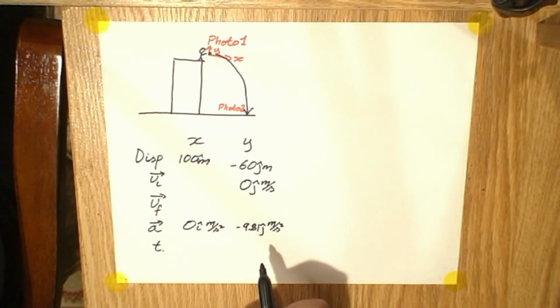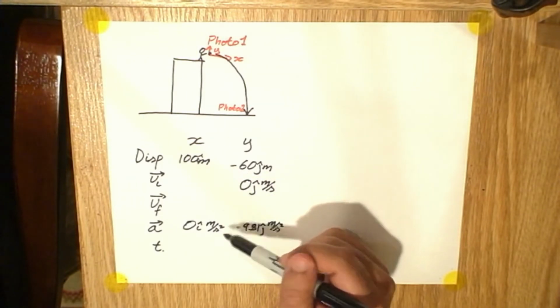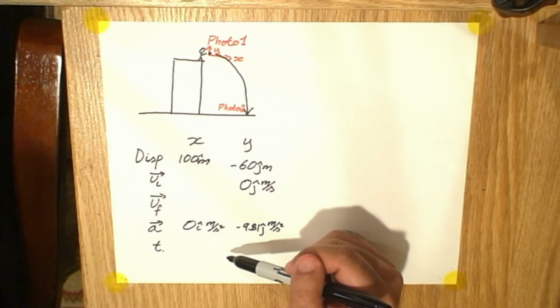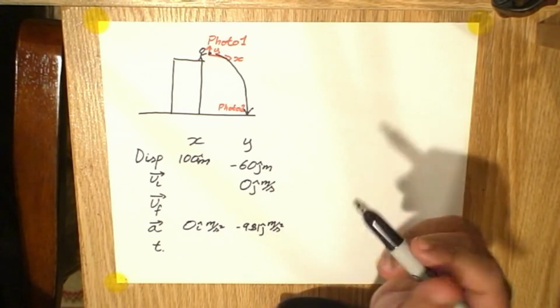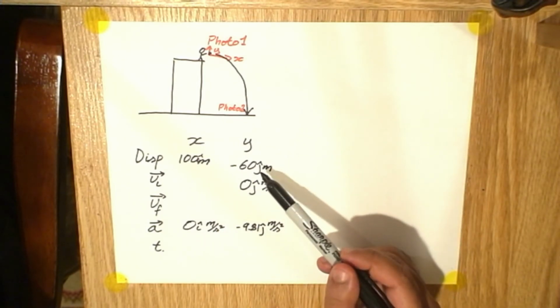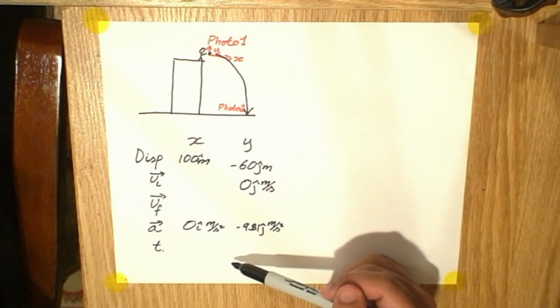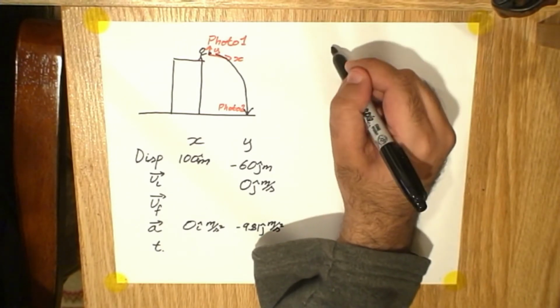First, the time. We have 2 pieces of information in x, not enough to use the toolbox equations. But we do have 3 pieces of information in y, and that is enough to use the toolbox equations. So let's go ahead and solve for time using the information in y. We have displacement, initial velocity, and acceleration. We're looking for time. There's only one equation that weaves together all those quantities, and that is toolbox equation 2.